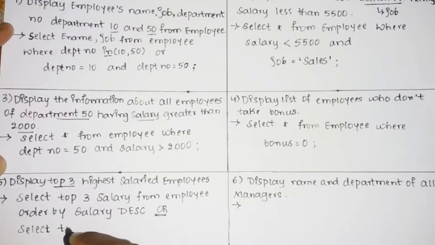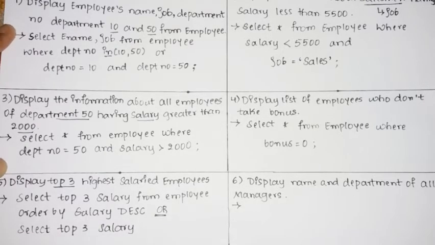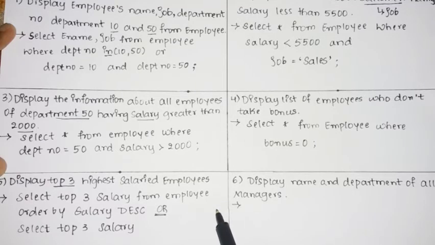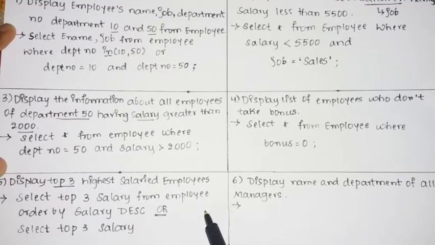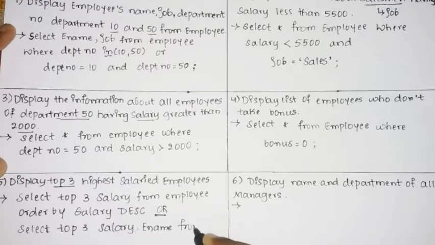So here also you are going to select the top 3 salary. If you are displaying only the salary, you do not know which person is getting the highest salary, and suppose you want to display the salary as well as the employee name, you can do it as select top 3 salary, employee name from employee.